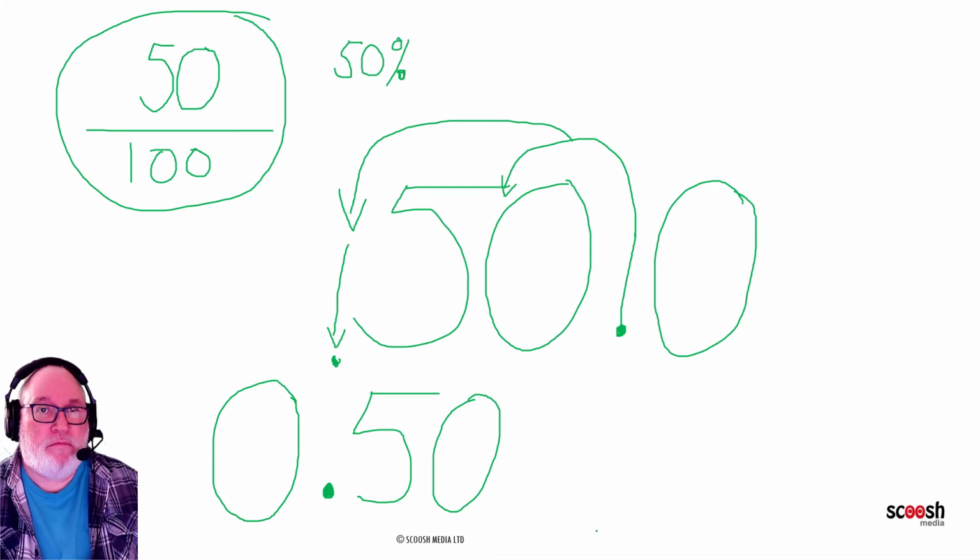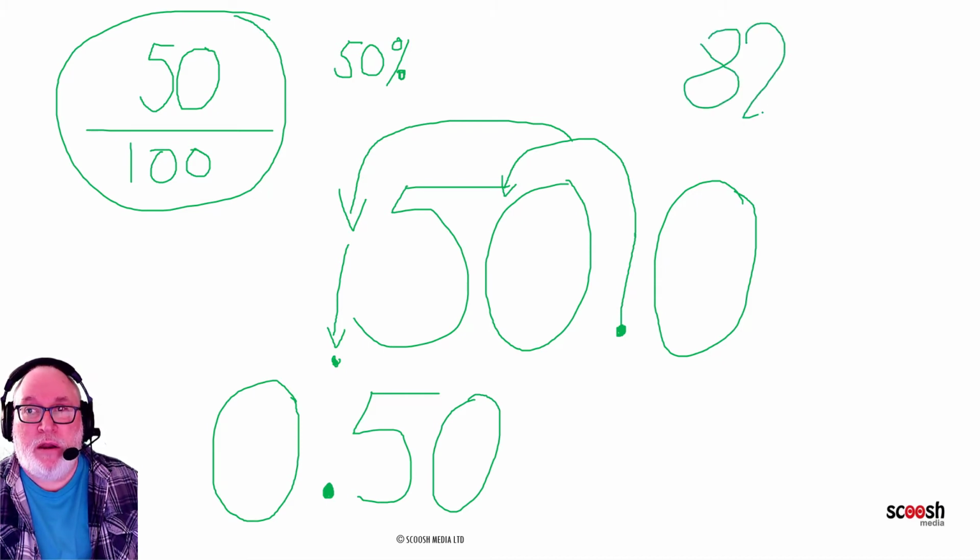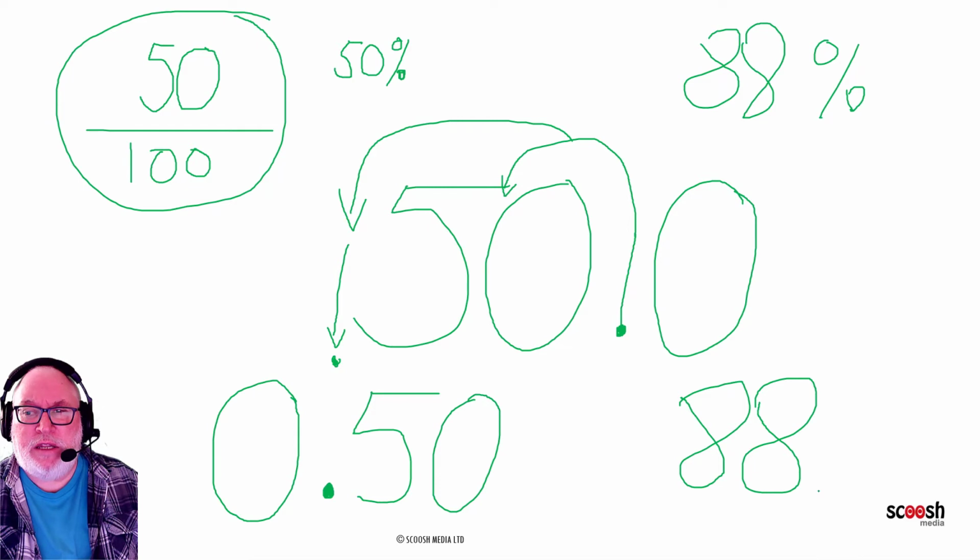Now it goes for any decimal place. So if we had, say, 88%, that's the same as 88 over 100, because that's what the percent means. So if it's 88 divided by 100, we write the 88 and put the decimal place where it would be.